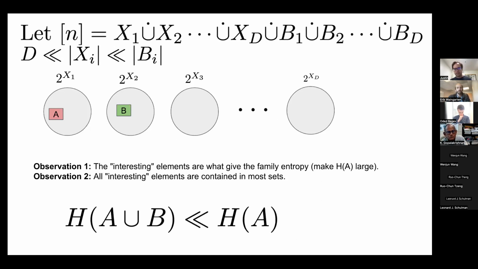Okay, and actually, if A is sampled uniformly at random from F, and B is also sampled IID from F, then the entropy of A union B is going to be very small, because the most likely event is this picture where A is in some Xi, B is in some Xj, and their union is going to collapse to the sort of only entropy in the union is just which Bi and Bj do you see.